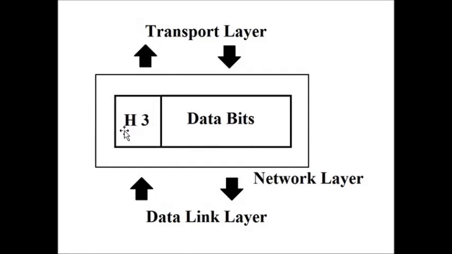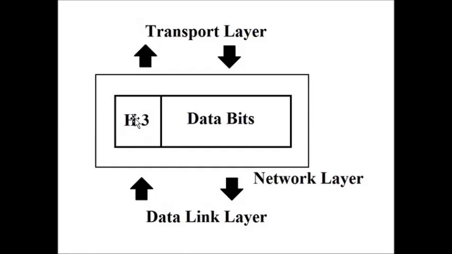It consists of two parts. First one is the header. H3 is called the header, and 3 denotes the layer number in the OSI model. As it is the third layer, it is called H3, header number 3. And this is the data bits, which contain the information or data to be transmitted.